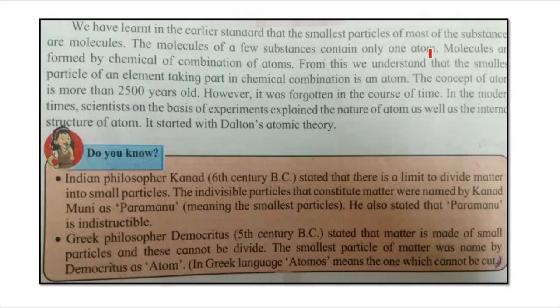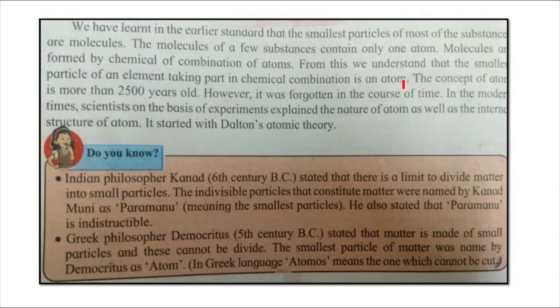So, very few substances are there which contain only one atom. Molecules are formed by chemical combination of atoms. So, students, from this we understand that the smallest particle of an element taking part in chemical combination is an atom.